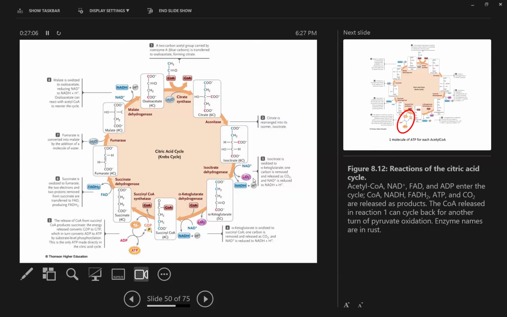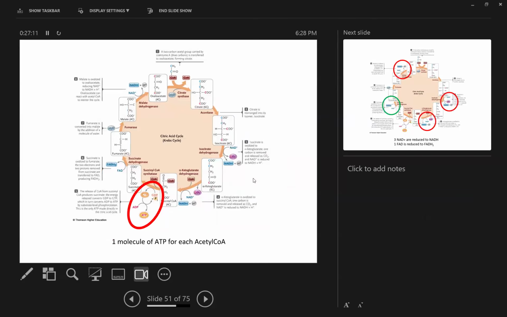What we need to focus on, I highlighted them. Definitely focus on, for an entire spin of the Krebs cycle, this is one pyruvate that eventually gets to acetyl-CoA. You only get one molecule of ATP. Then the last two things you need to also count up.